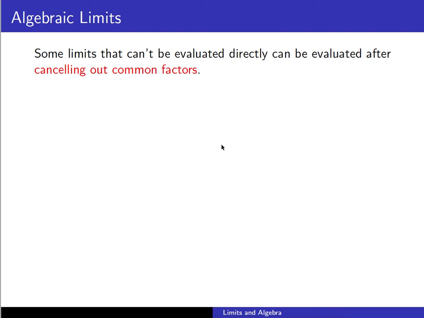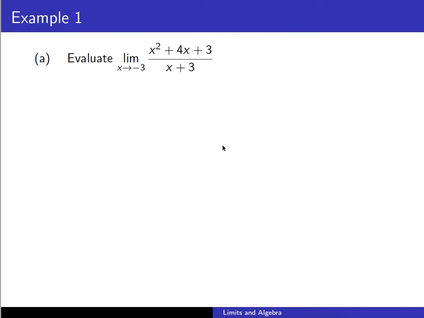For instance, f of x factored is x minus 7 times x plus 1 over x minus 7, and you have common factors of x minus 7 that cancel out. When you have those common factors that cancel out, and you can then evaluate the limit, that's called a removable discontinuity. We'll talk about continuous functions and continuity at a point in a future video.